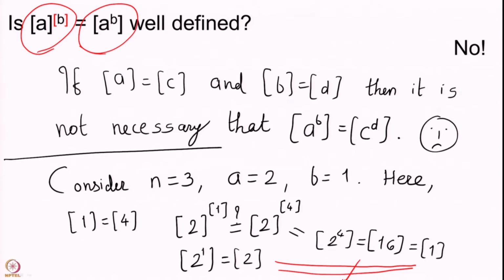These are not same. So, we get that these two are also not same. The class of 2 power class 1 and the class of 2 power class 4, these by the definition that we have made here are not the same.